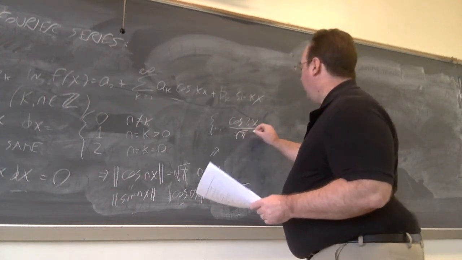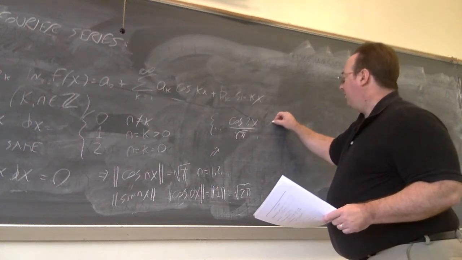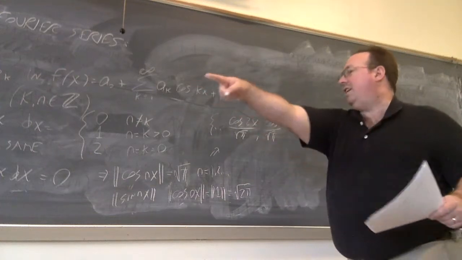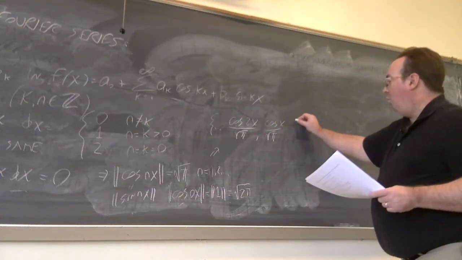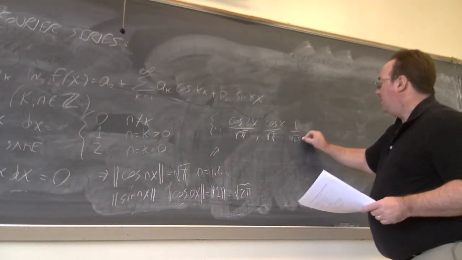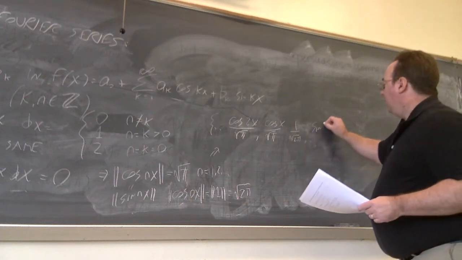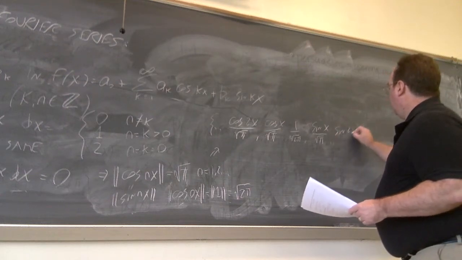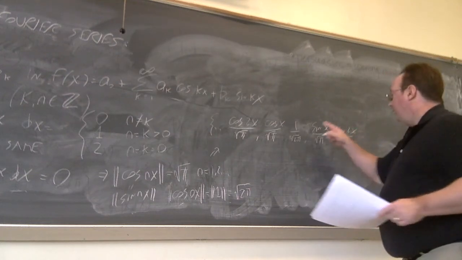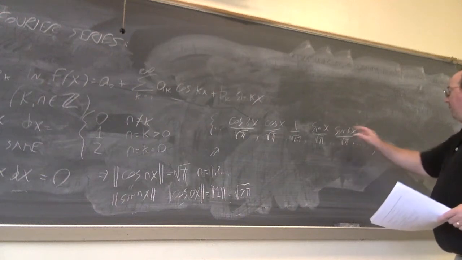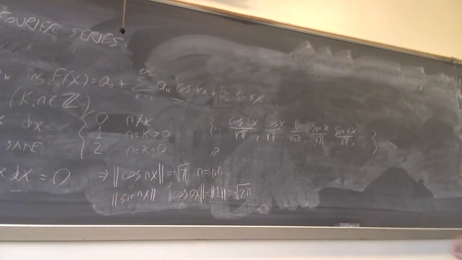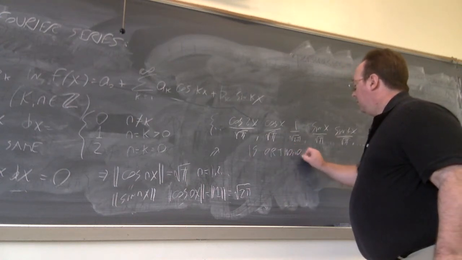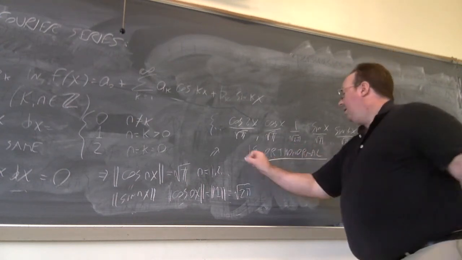So like cosine of any integer times x over square root of pi, with integers increasing in that direction, and then 1 over the square root of 2 pi, and then sine of any integer times x over the square root of pi, starting with 1, 2, and so forth, increasing in this direction, is orthonormal.